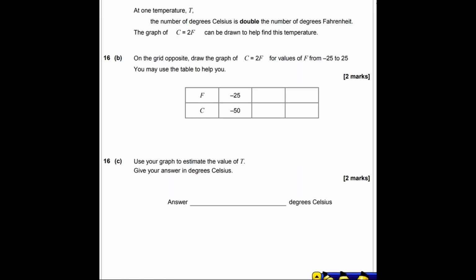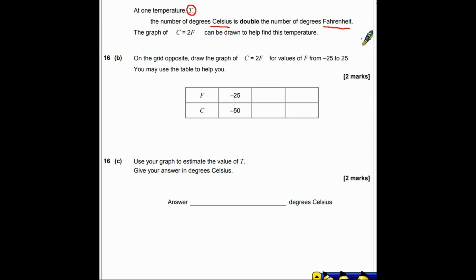Now, for questions 16b and 16c, we are going to have to go back to that graph, which is unfortunately on a different page. So let's look at the information we need first. We are told there is a temperature, which they're going to call T, where the number of degrees Celsius is double the number of degrees Fahrenheit.